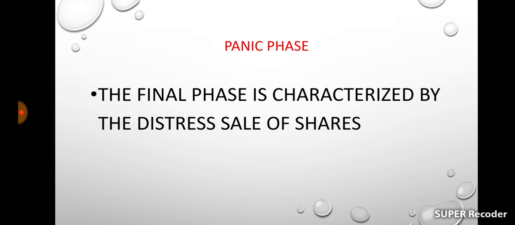And the third phase is panic phase. In the panic phase, the market is gripped with negative sentiments, including weak outlooks on companies, the economy, and the overall market. During this phase, many investors sell off their stocks in panic.